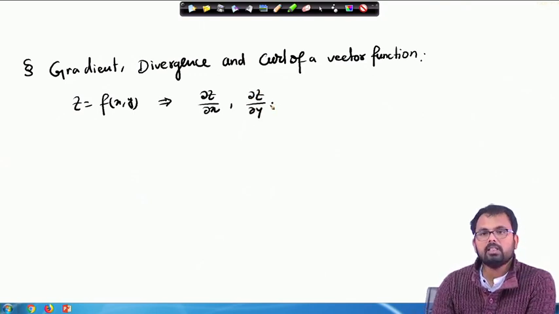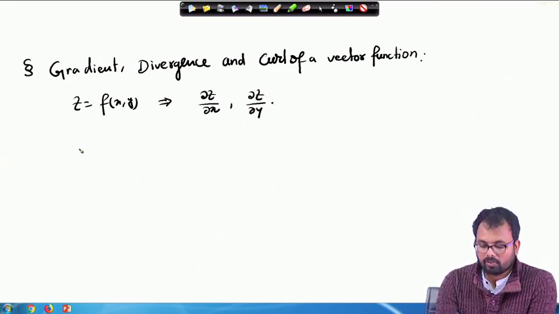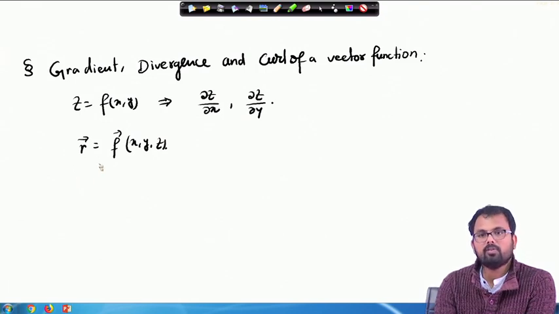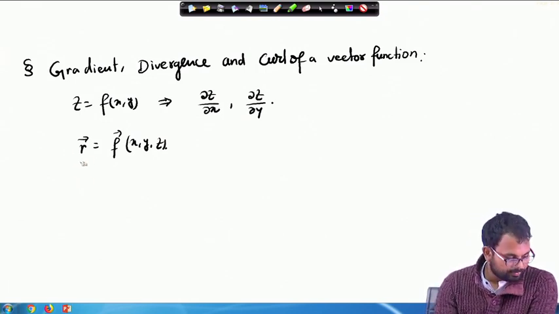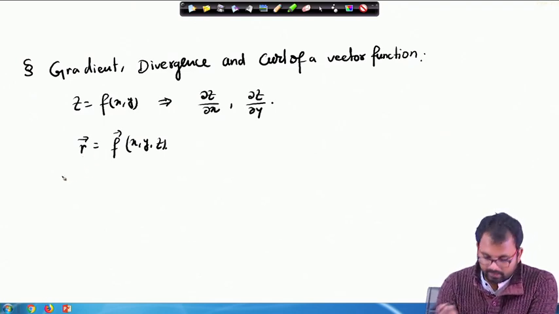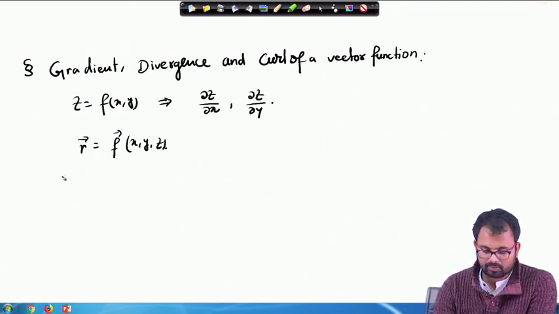Similarly, in the case of a vector function, suppose our vector function r is equal to vector f(x, y, z), then we can talk about the partial derivative of this vector function. So let me give you a formal definition.